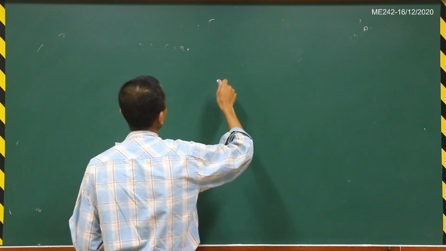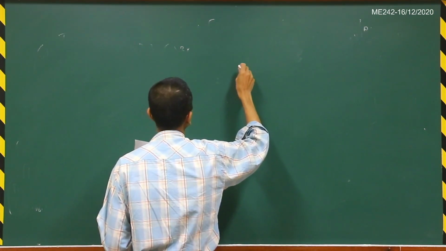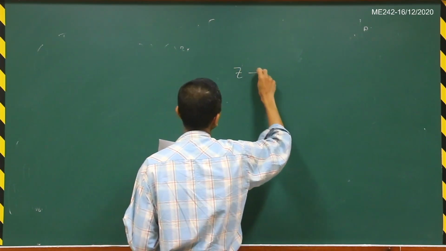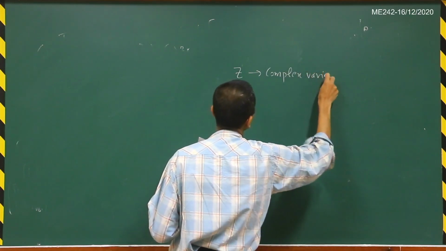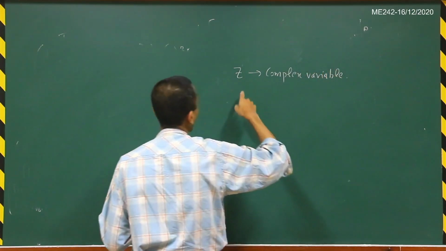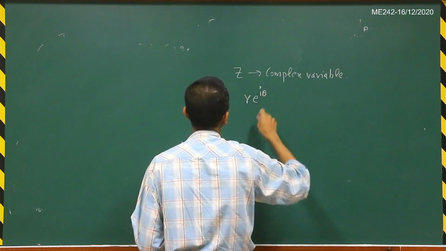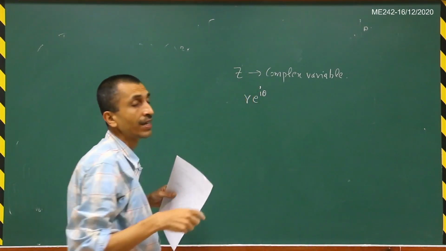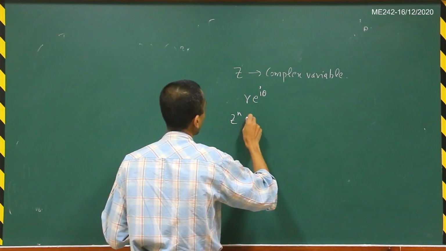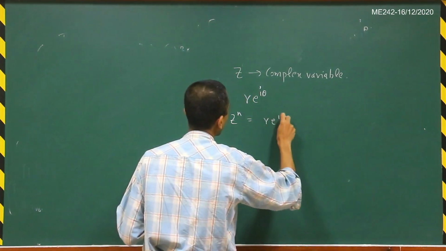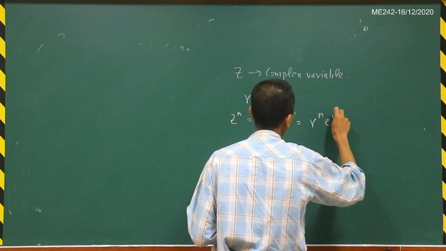Suppose z is a complex variable, and this z you can write as r e to the i theta, okay, and if you take z to the n, so n is some index, so z to the n is equal to r e to the i theta raised to n, which is equal to r to the n e to the i n theta.